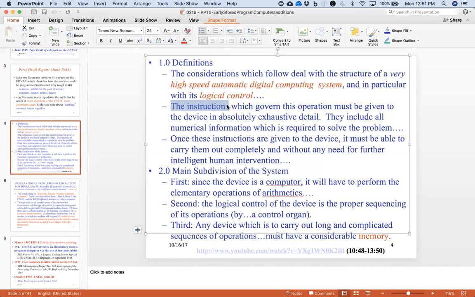So that's the second point. The logical control of the device is the proper sequencing of its operations. That is, when you write a program, based on the actual inputs that the program receives, it will be able to decide what to do next. So that's what we mean by logical control. You can see here that in his report, he actually called it a control organ.